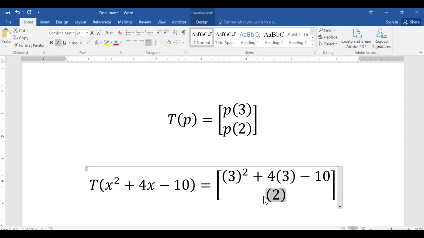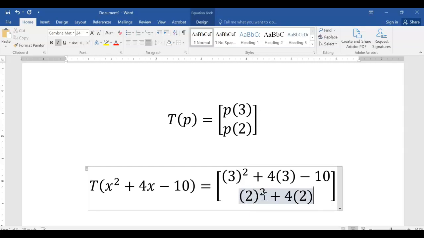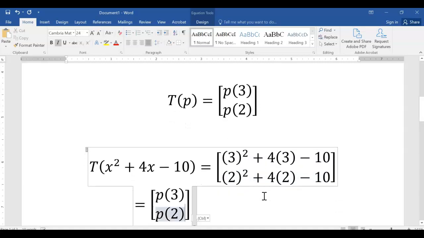And then the second entry is plug in 2, so take 2 squared plus 4 times 2 minus 10. In the first entry, this is going to be 9 plus 12 minus 10, which gives you an 11. Then you get 4 plus 8 minus 10, which gives you a 2. So you get 11, 2 out of that. Okay?